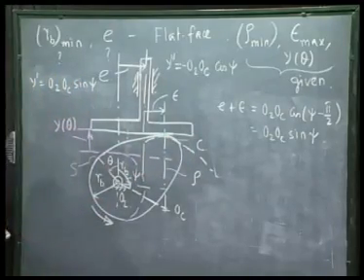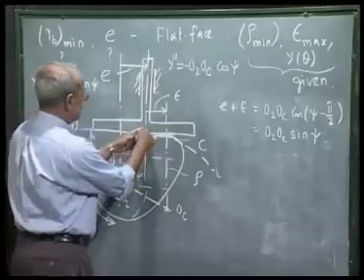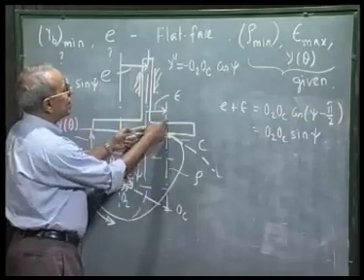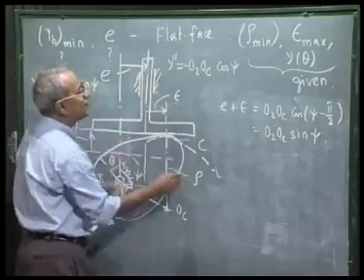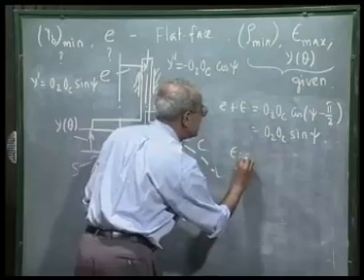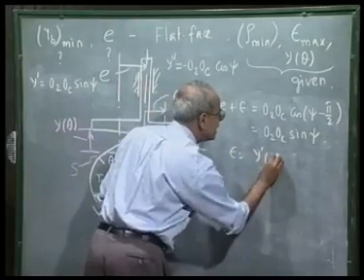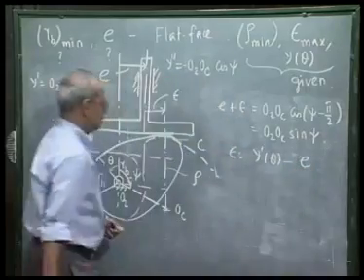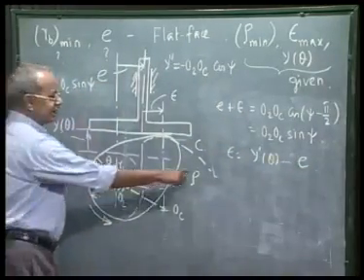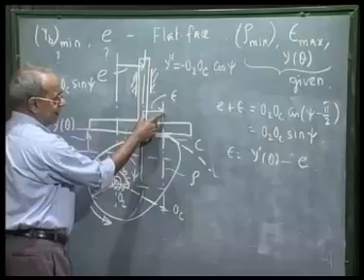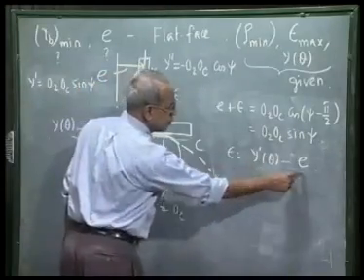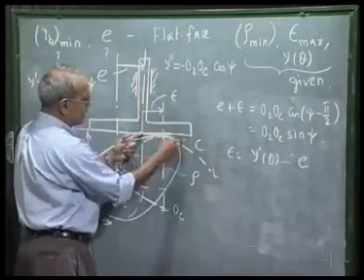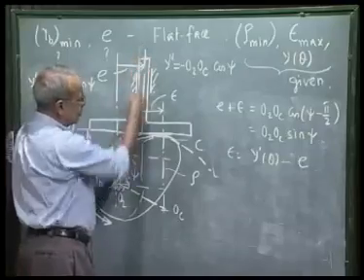To do that, as we see, this distance, the eccentricity of the driving effort epsilon, is given by y prime theta minus e. So when y prime theta is positive, epsilon is positive, and the contact is on the right of this follower axis.